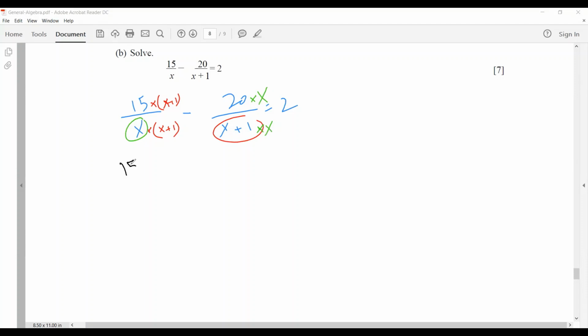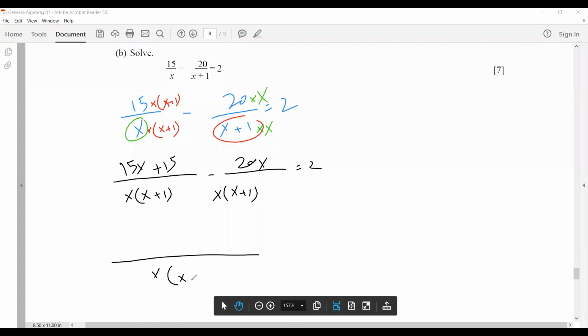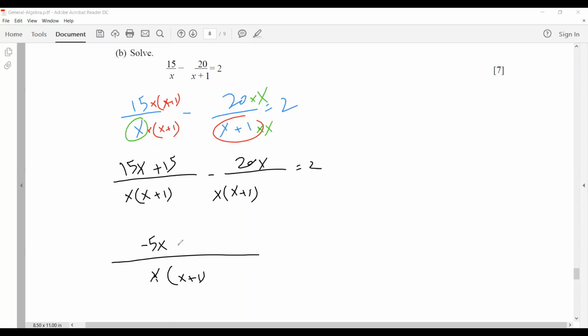And if you do that, we get 15x plus 15 over x times x plus 1. So this is 20x over x plus 1 times x. So it doesn't matter where you put the x here. Now since we have a common denominator, we can combine the fractions and write it as 1, right? So here we have 15x minus 20x, negative 5x, plus 15 all along by itself equals 2.